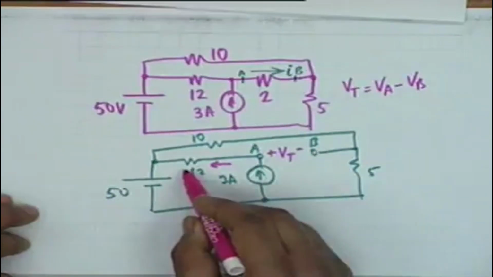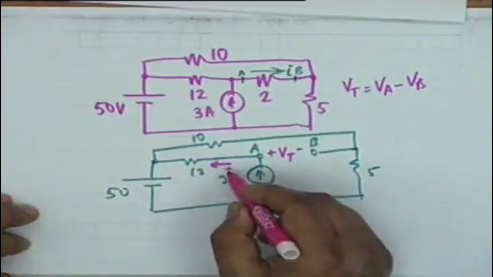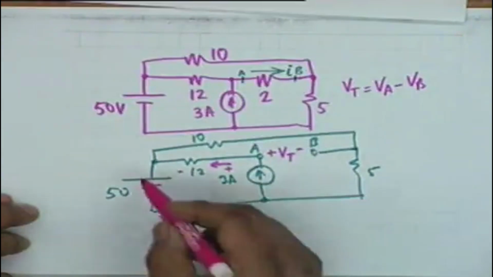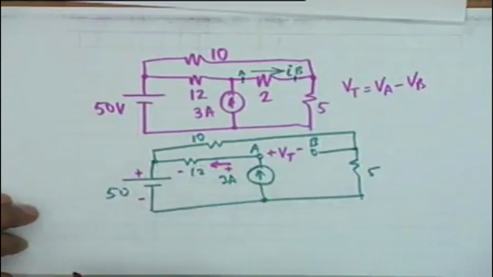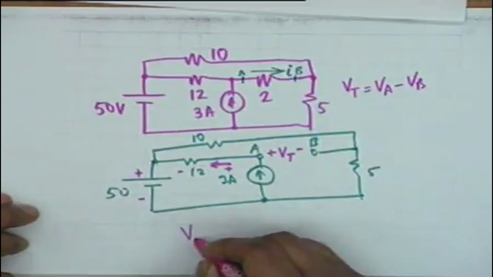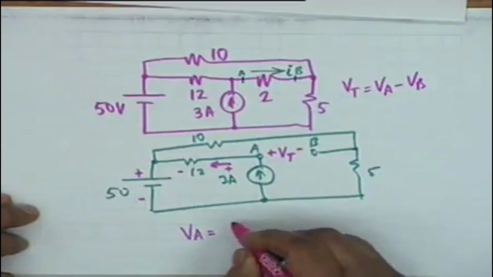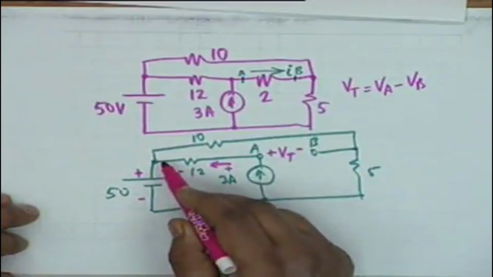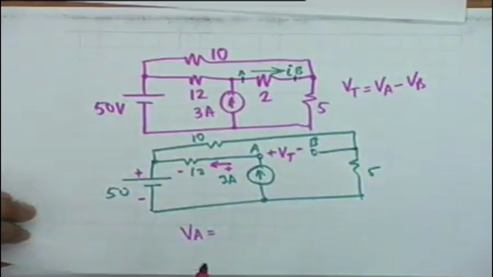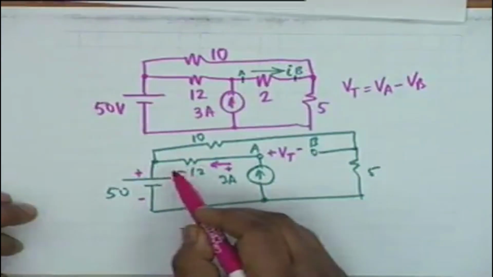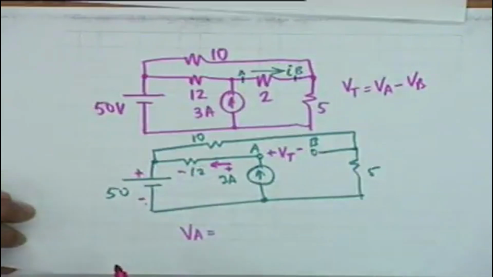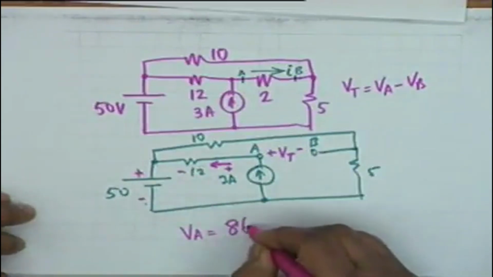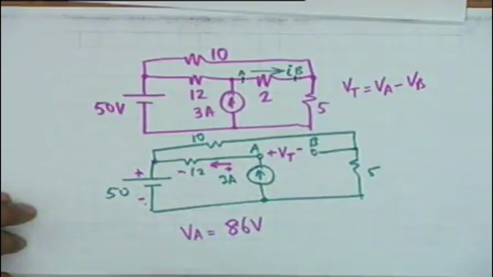Plus here and minus here, right? And this battery is plus here and minus here. So can you tell me what VA is? VA is obviously 36 plus 50 or minus 50? Plus, so 86 volt. Okay, VA is 86 volt.